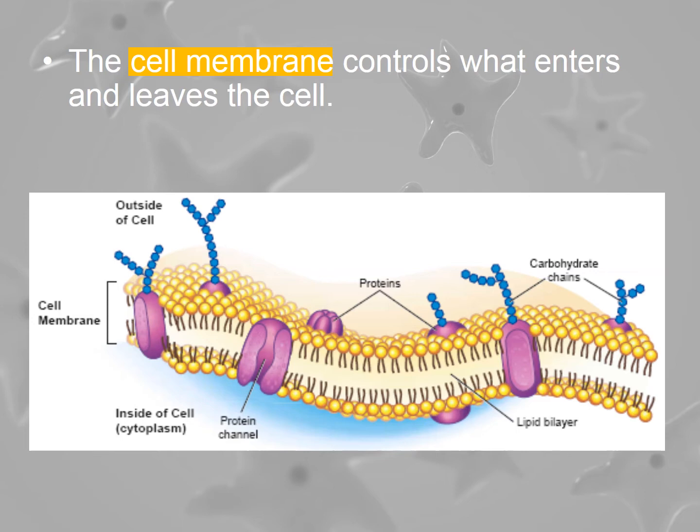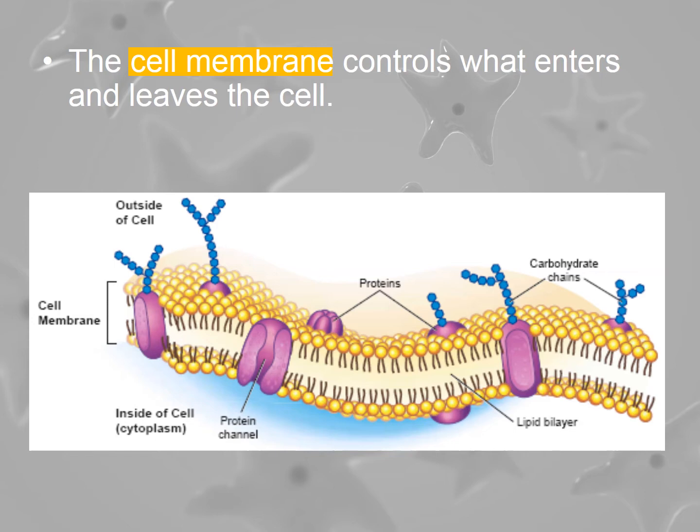Please don't write that the cell membrane is for support and structure. It sort of is, but its main job is to control what enters and leaves. So in your textbook, they talked about a factory. One of the analogies they used for a cell membrane, I believe, was a guard at the door of the factory.